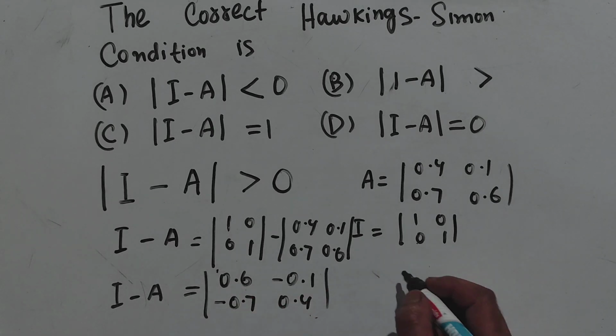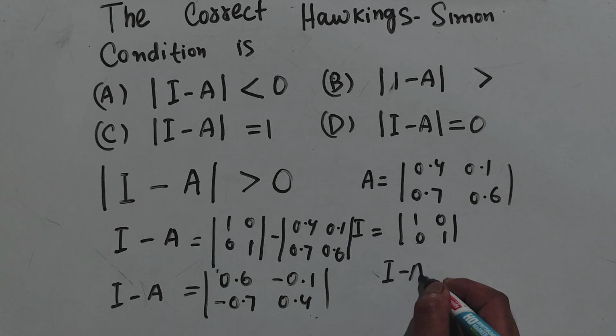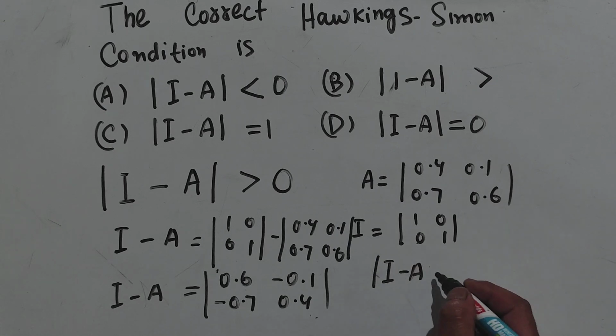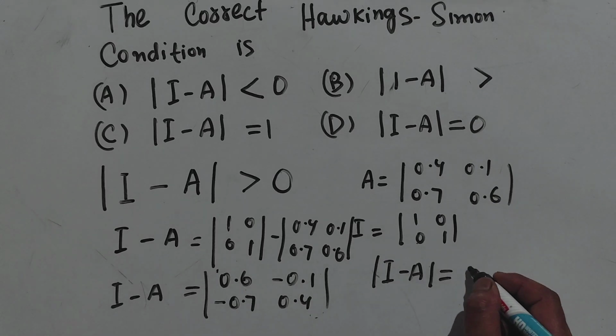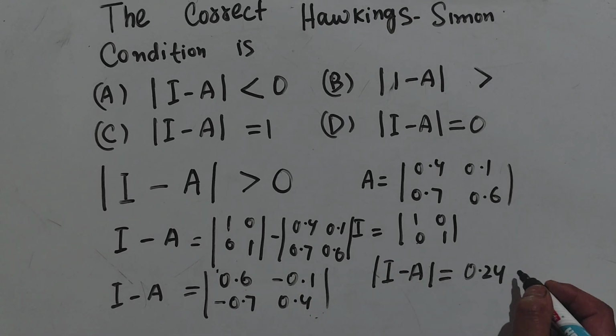Now when we take the determinant of this I minus A, it will be equal to, we multiply these two terms first. So we have 6 into 4 is 24. So we get 0.24. Then we subtract and multiply these two. So here we get 0.7 into 0.1.